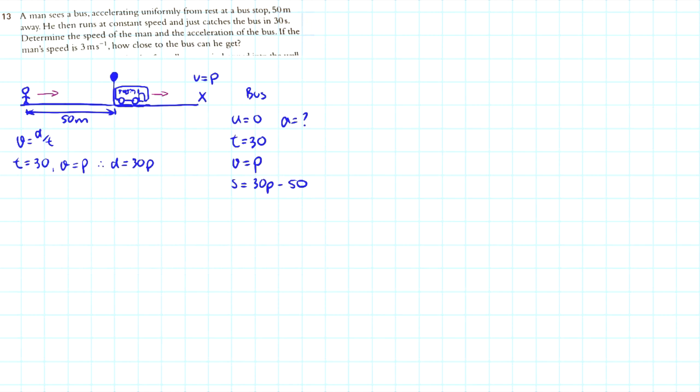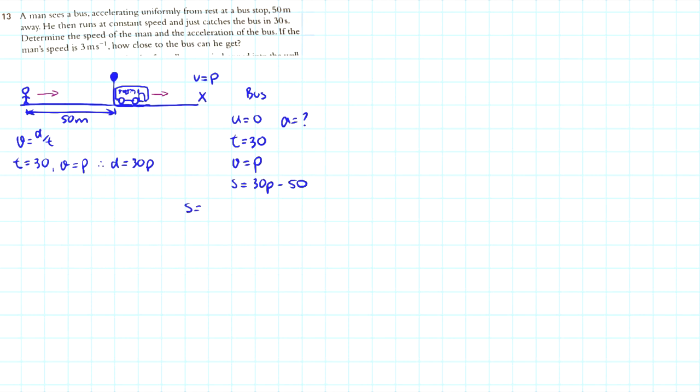Why is it helpful? Because we have the velocity for the bus in terms of p, and we have the displacement for the bus in terms of p, and that's a single variable that we can then solve. So we can use SUVAT and work out what p is, which is the velocity of the man, and also the final velocity that the bus reaches.